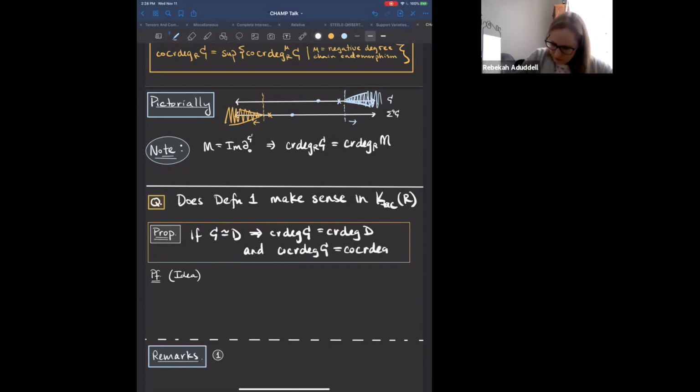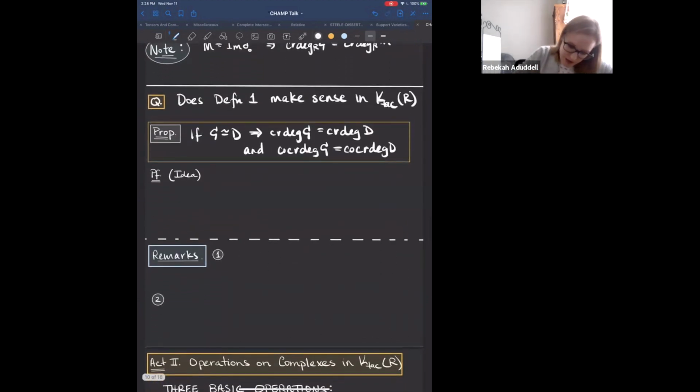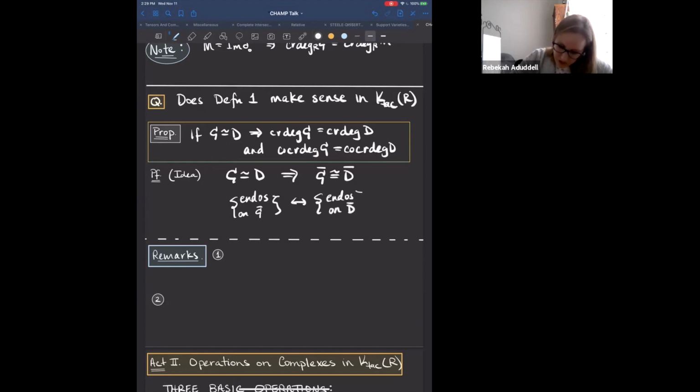The proof is really straightforward, but it just relies on the fact that when we have two homotopically equivalent complexes, their minimal subcomplexes will be isomorphic. And so we have a one-to-one correspondence between endomorphisms on the minimal subcomplex of C and that of D. And that's just the idea of why this statement is true.